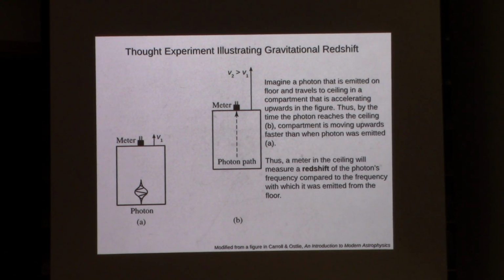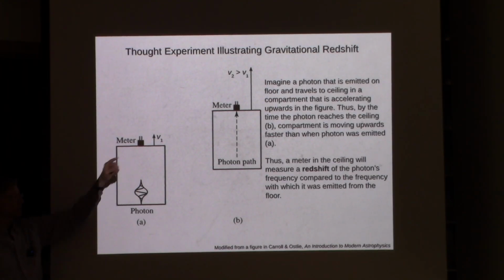Well, that means that the meter is moving away from the source of the photon faster than it was. Well, basically they were moving at the same speed, right? The floor and the ceiling are moving at the same speed, but the photon is emitted at this point, and the meter's moving up at a certain speed.